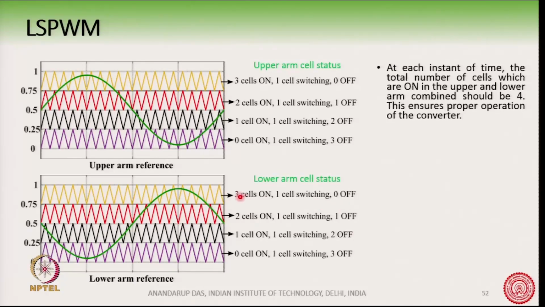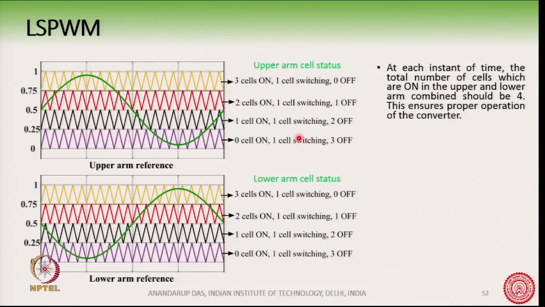So, you can see that there are 3 cells on and 1 cell switching, and the switching cells should be complementary in action. Because then only you can make sure that there are 4 cells turned on. So, here 3 cells on, and if this is on and this is off, then you have 4 cells.